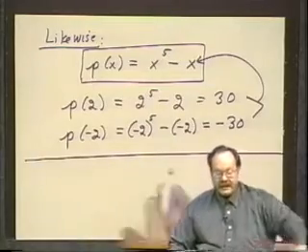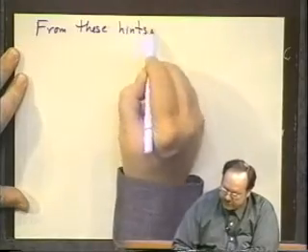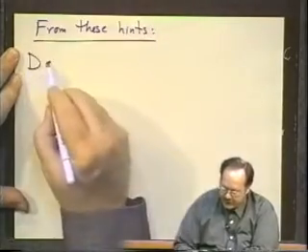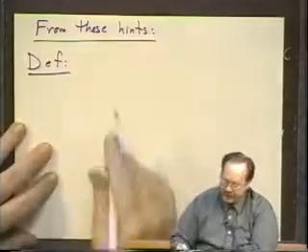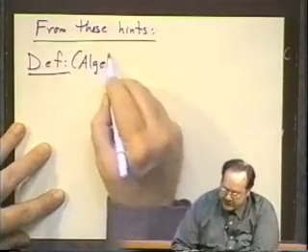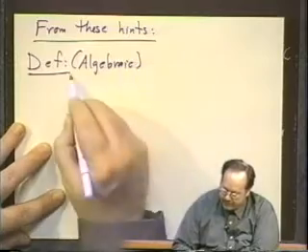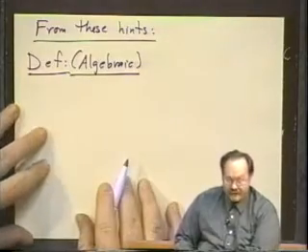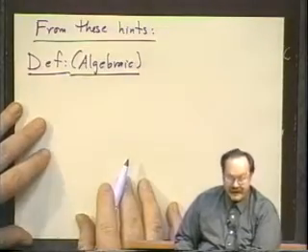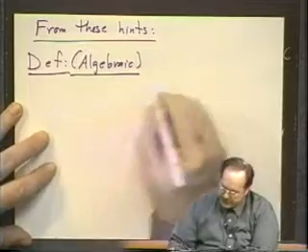Well, from these hints, let's see if we can write down a definition that is similar to the one for even functions. So from these hints, let's write down the following very simple definition. And again, this is an algebraic definition. We want to do a graphical version of this to see what kind of symmetry, if any, this means. Let's see.